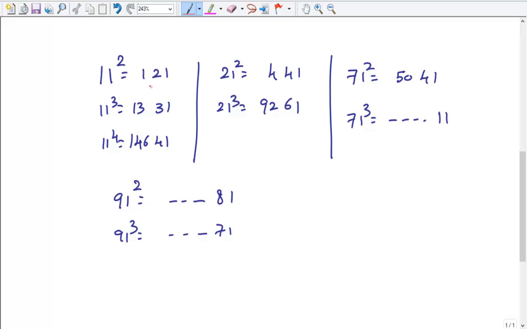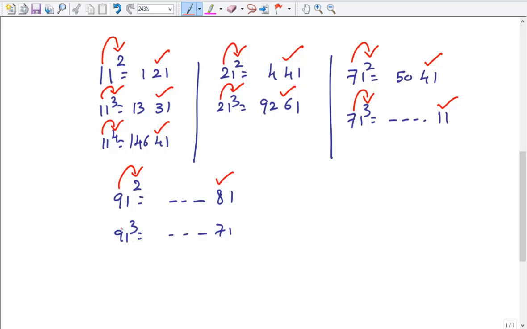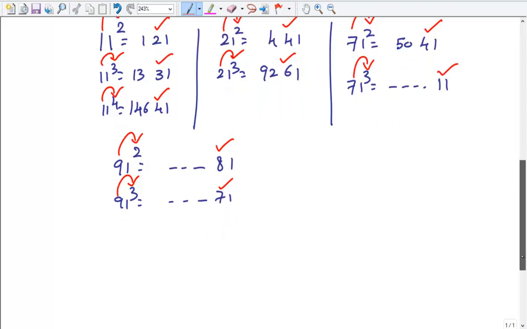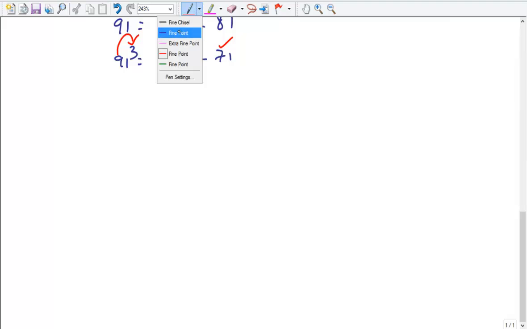Now look at this: tens digit we can get. 1 into 2 is 2, 1 into 3 is 3, 1 into 4 is 4, 2 into 2 is 4 here, 2 into 3 is 6 here, 7 into 2 is 14, that is 4, 7 into 3 is 21, that is 1, 9 into 2 is 18, that is 81, 9 into 3 is 27, that is 71. What we have done is quite simple. We have multiplied the tens digit of the base with the unit digit of the power.